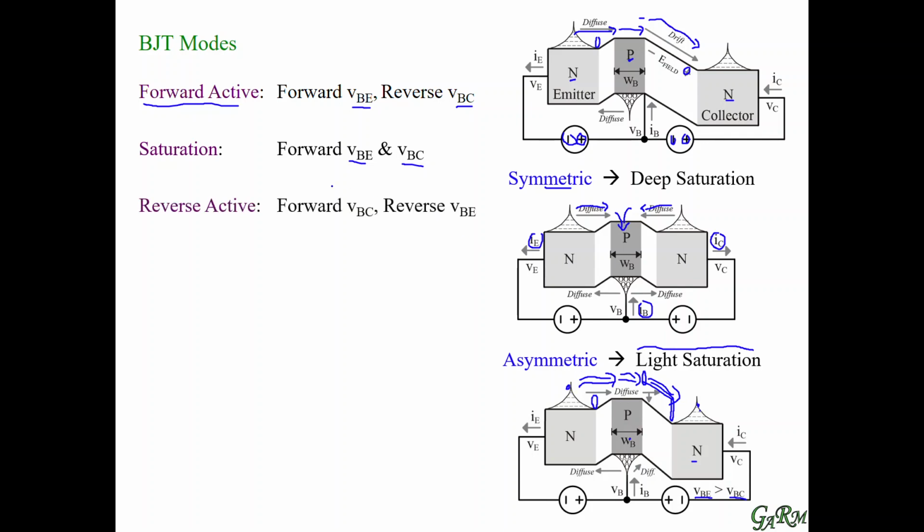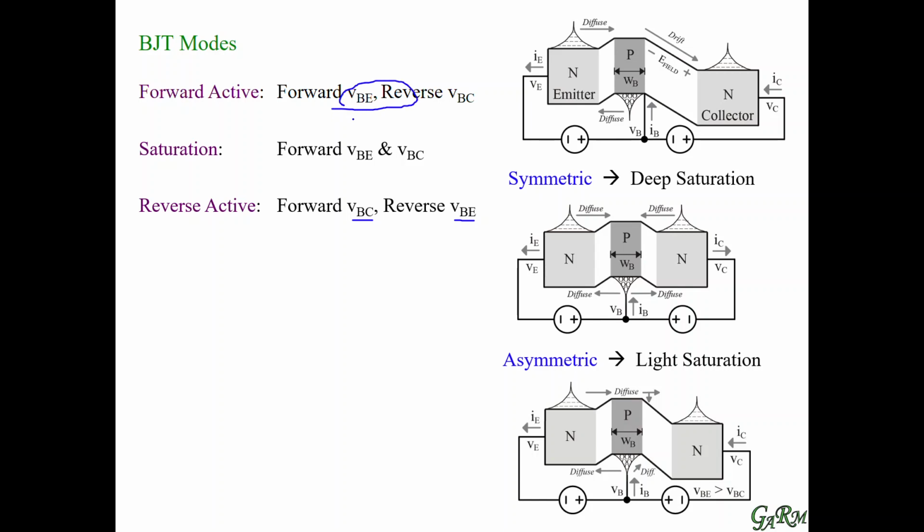We also have another mode of operation, and let me remove markers here so we can be more clear, is that we can forward bias the base collector junction and reverse bias the base emitter junction. In other words, we can do the opposite of the forward active. But look at this.